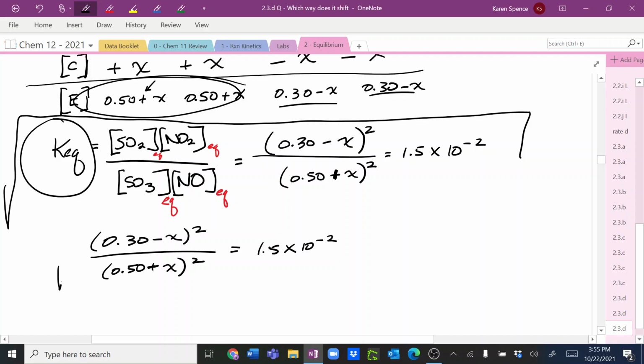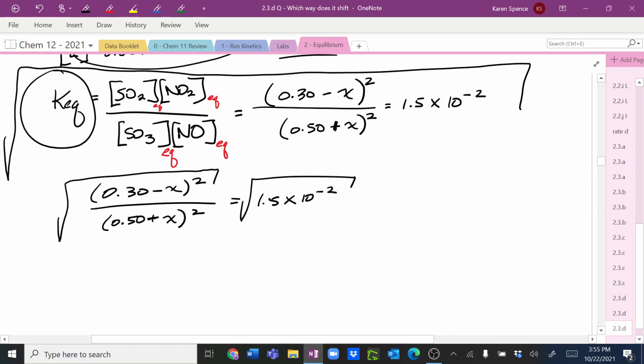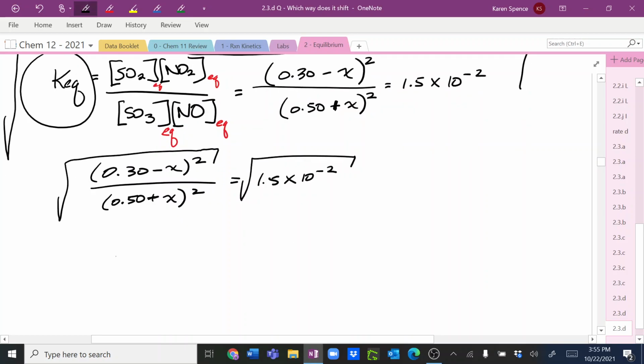And now I'm going to take the square root of this side and the square root of that side. Okay, and this one's easy over here. We just get 0.30 minus x over 0.50 plus x. And that equals the square root of 1.5 times 10 to the negative 2, which is 0.1225. That's way more digits than I need. I really only need 2, but that'll do for now.